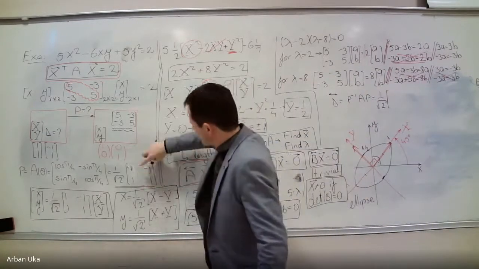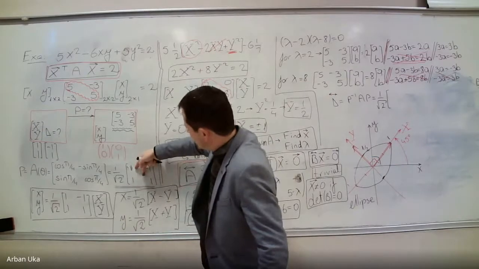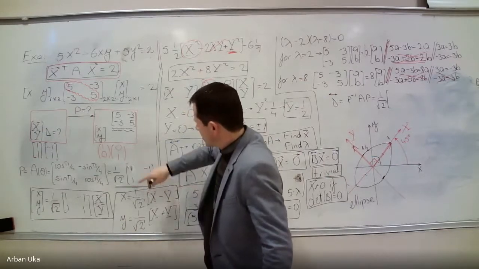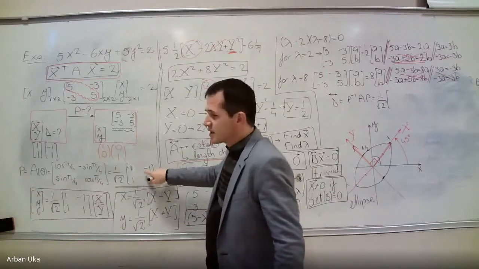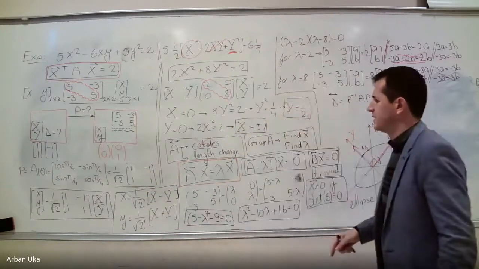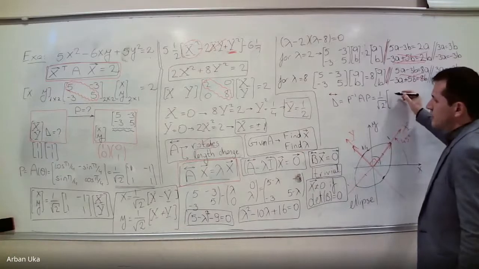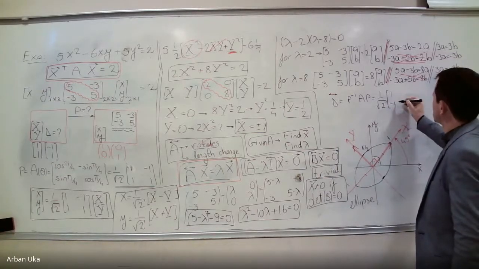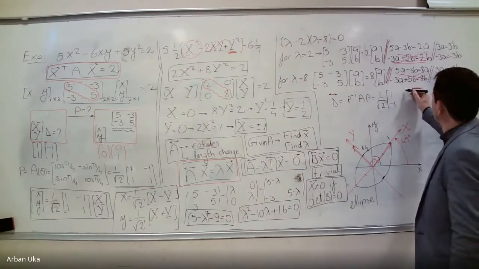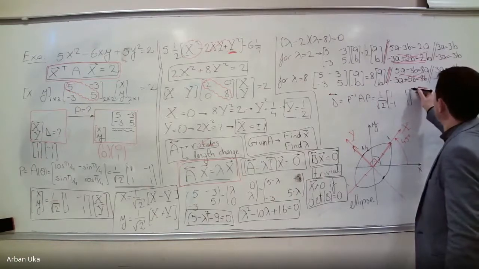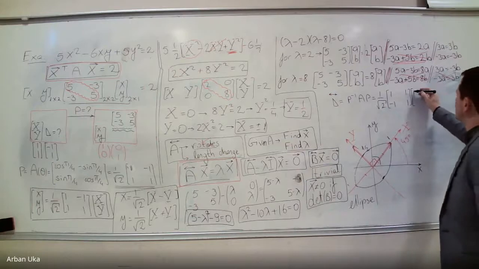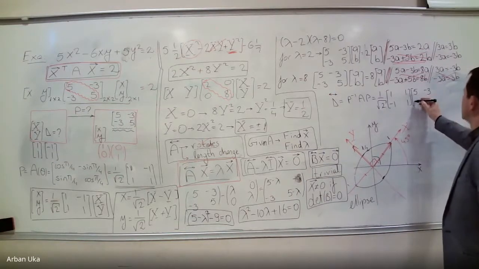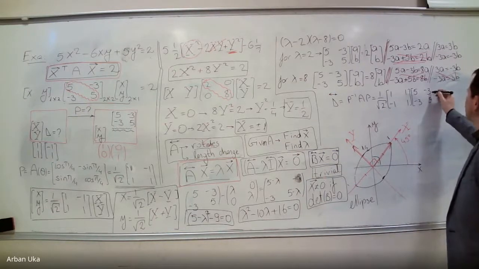The inverse of this is that we interchange the numbers 1 and 1, and then we change the places here. So it's kind of, we take the transpose, okay? So the P inverse, you can correct me, but this looks like it's going to be something like this. This is 1 and 1. Then we multiply with the matrix 5, minus 3, minus 3 and 5.